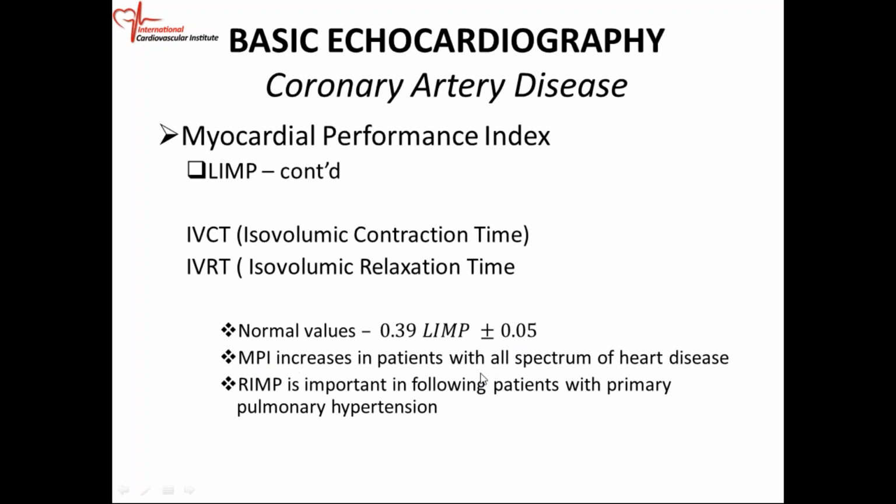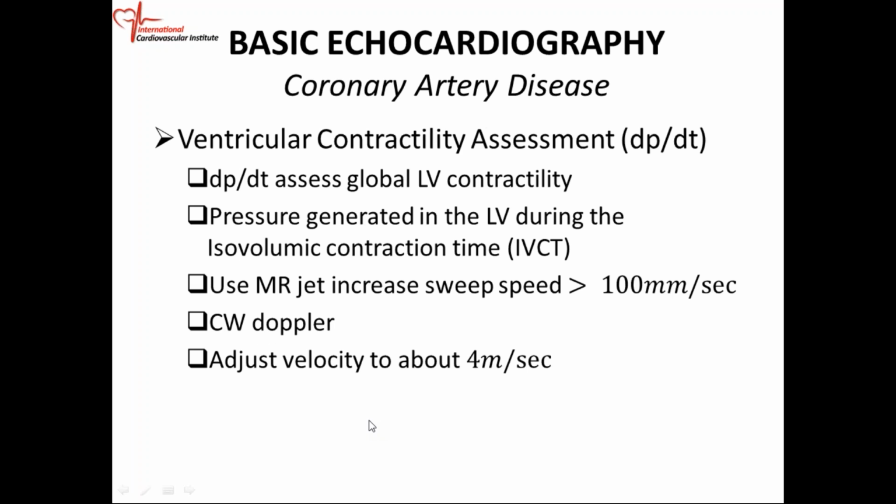Your LIMP is going to increase in patients with the whole spectrum of heart disease. So once you have any type of heart defect, it's going to increase. And we spoke about RIMP before.